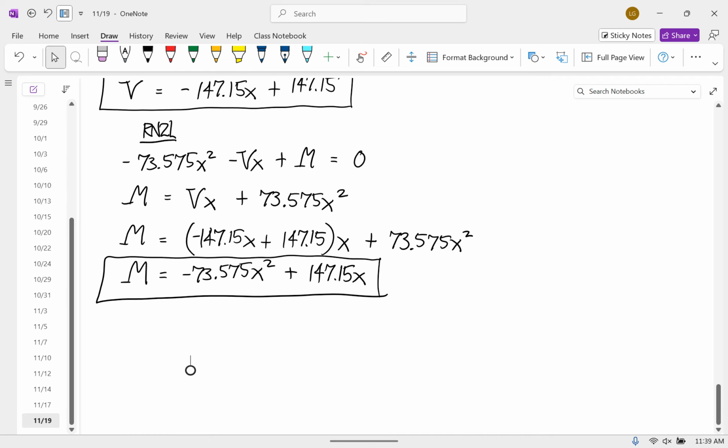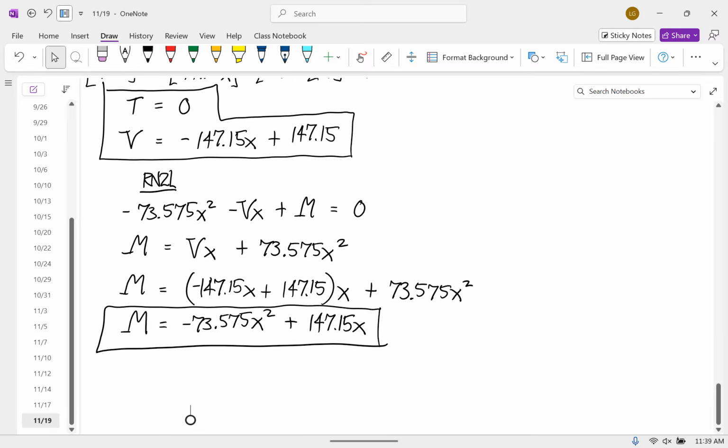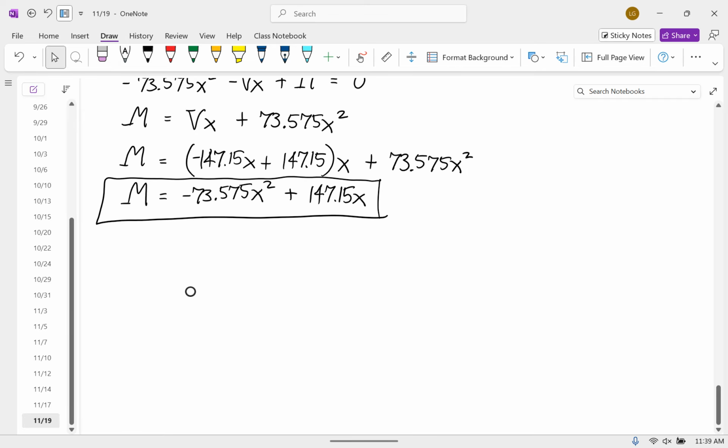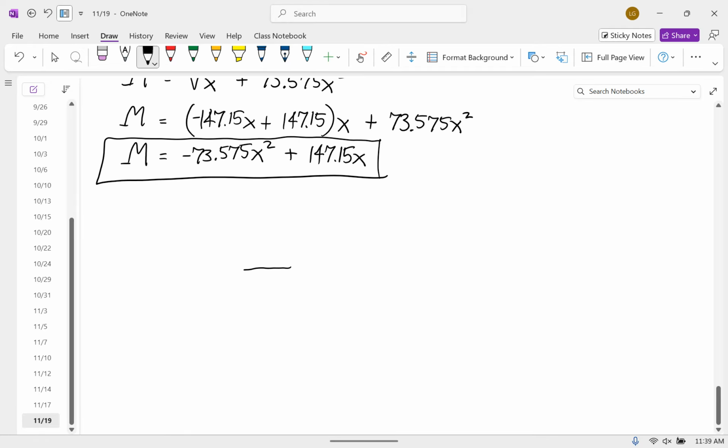So let's think about what these functions look like. We did that before. So if this is 2 meters, the internal tension as a function of x looks like this. It's just 0, I just haven't put any horizontal external loads in yet.